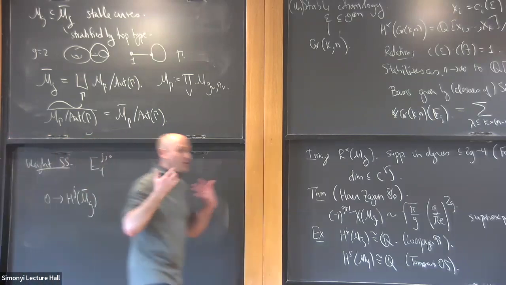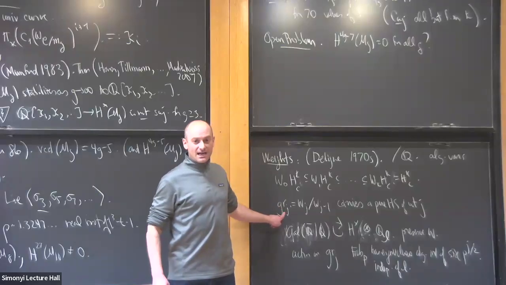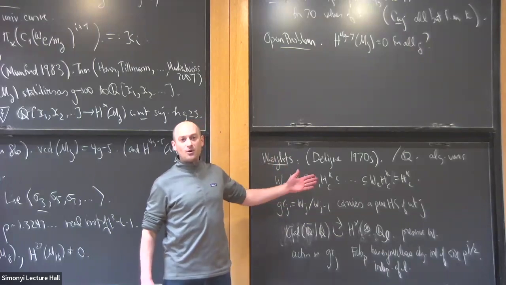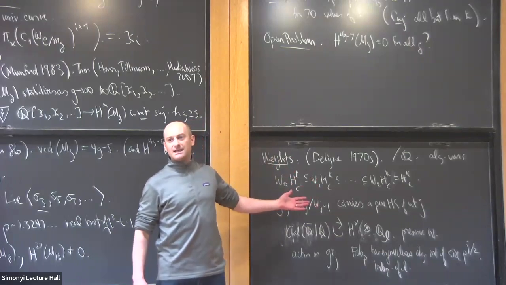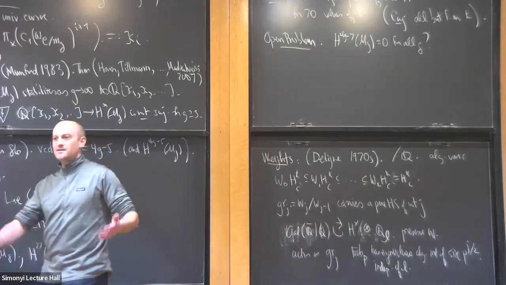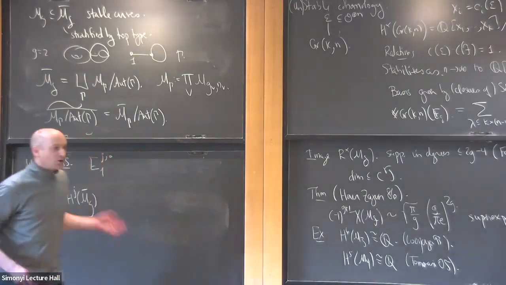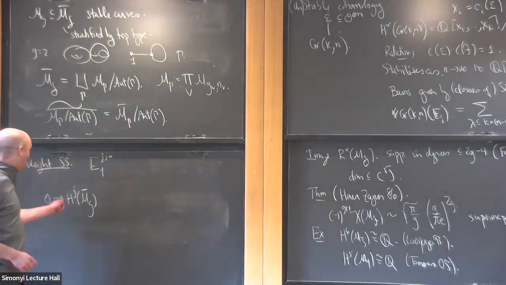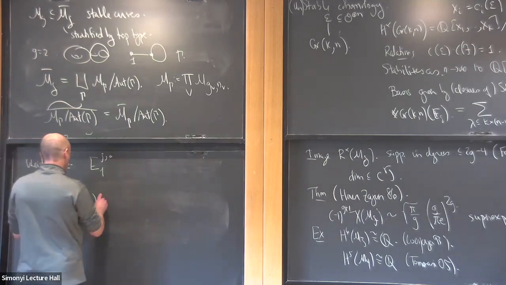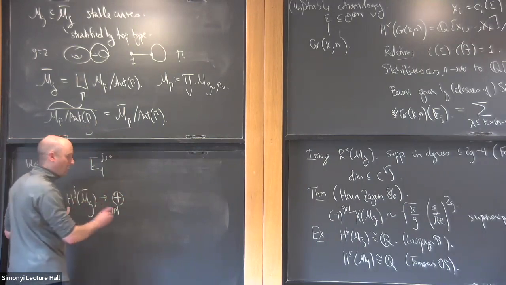The moral that one should have in mind is that Gr_j is the part of the cohomology of your variety that is a subquotient of jth cohomology groups of smooth projective varieties. So this jth row is going to be jth cohomology groups of smooth projective varieties. We have H^j of M_g bar, and then we have the direct sum over codimension 1 strata.